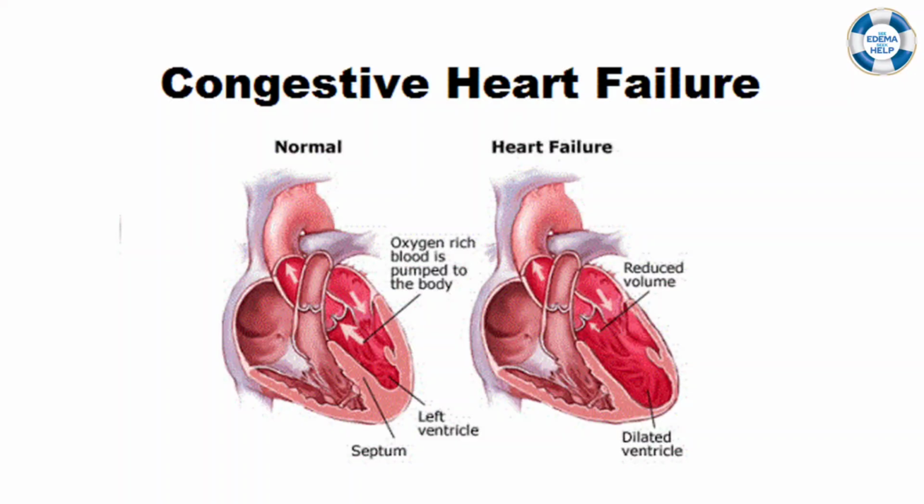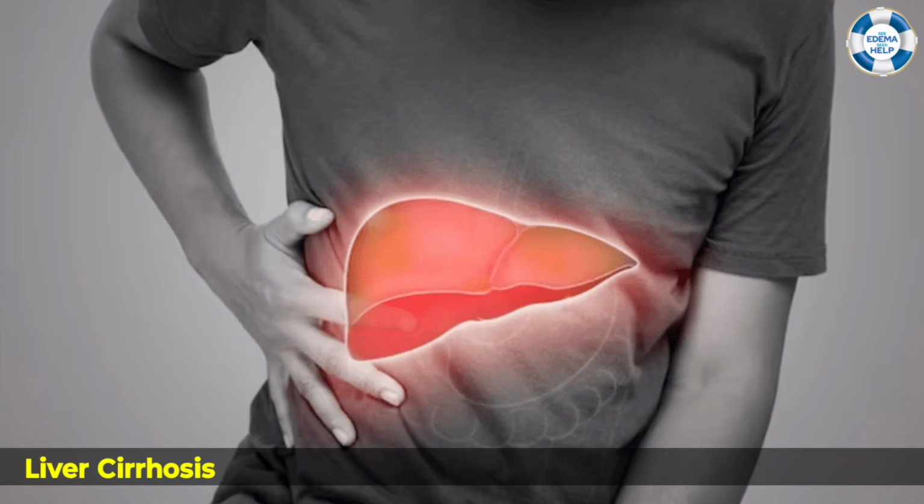A few of the reasons are chronic kidney diseases or anything that involves kidney conditions. Then there are cardiac conditions like congestive cardiac failure. Then there are conditions associated with the liver, like liver cirrhosis, and localized conditions like cellulitis, which presents as pedal edema. So we will be discussing more about kidney conditions.